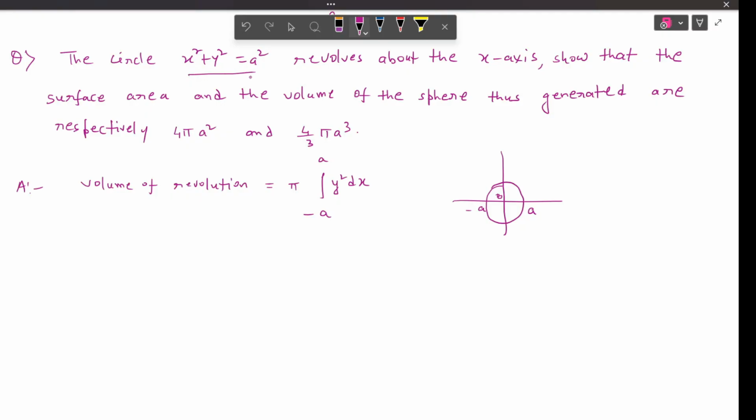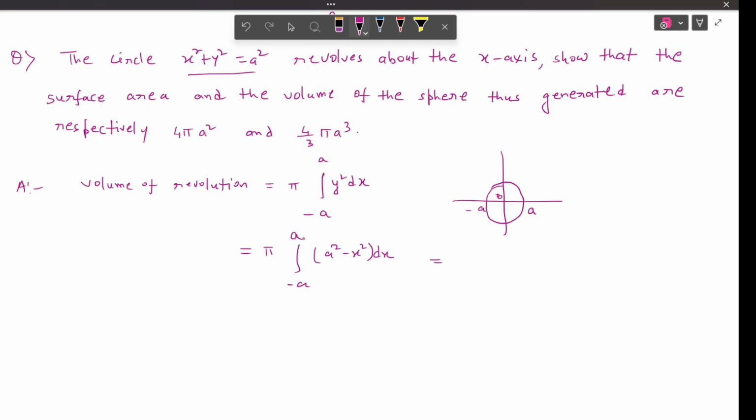Here the graph is x square plus y square equals a square. So what would be y square? It would be a square minus x square. This is pi integration minus a to a of a square minus x square dx. Now we have to use the property.